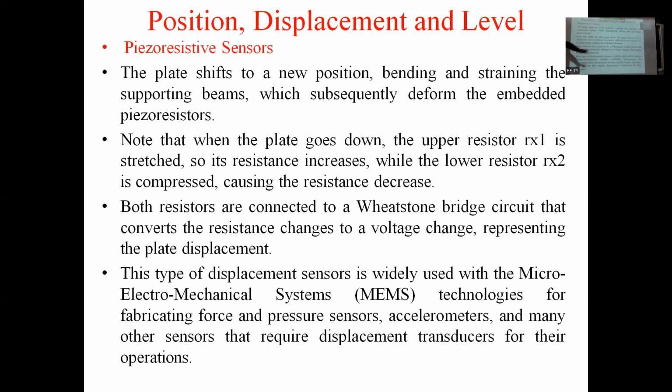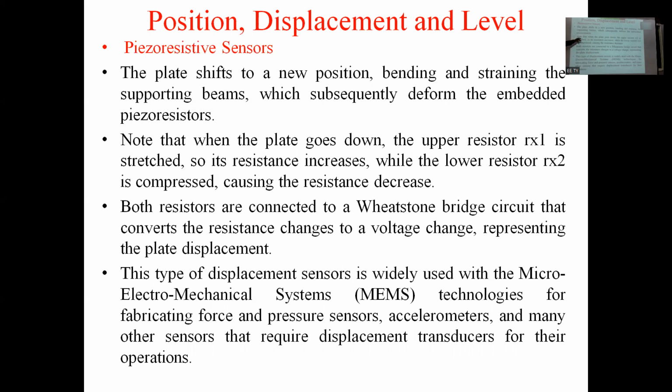The plate shifts to the new position, force apply केल्यामुळे plate नवीन पोझिशन ला शिफ्ट होईल, and bending, straining the supporting beam, which subsequently deforms the embedded piezoresistor. बीम बेंड झाल्यामुळे जे काही रेजिस्टन्स कनेक्ट केले ते डिफॉर्म होतील और चेंज होतील बरोबर.